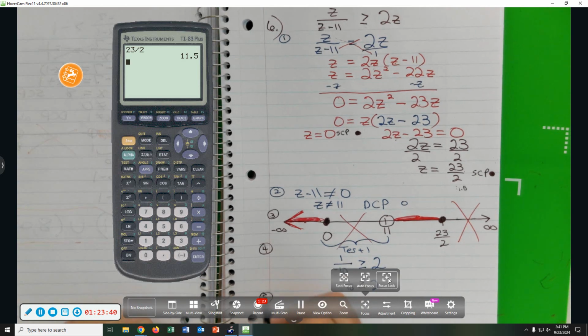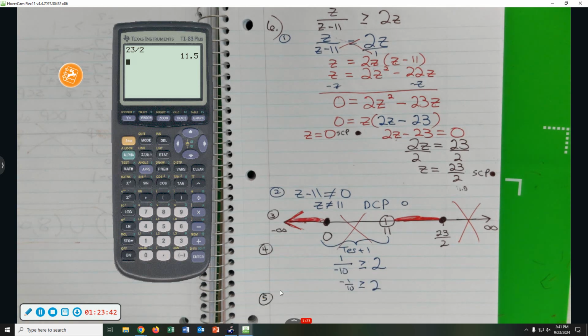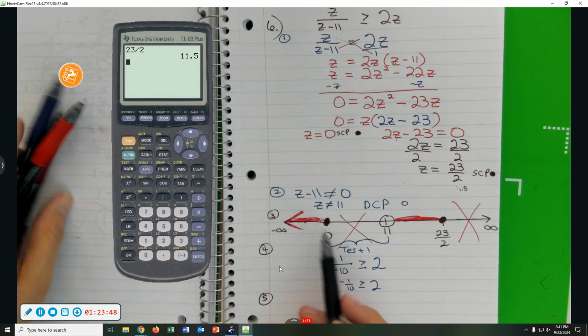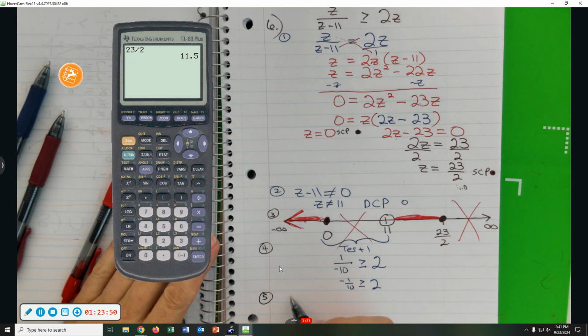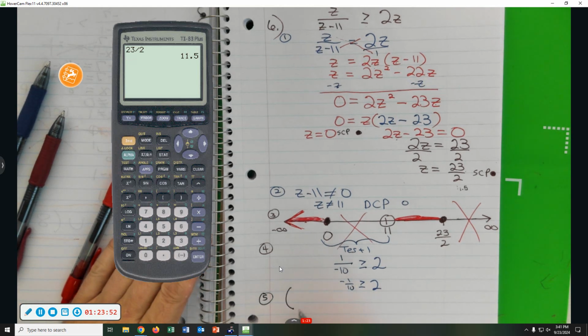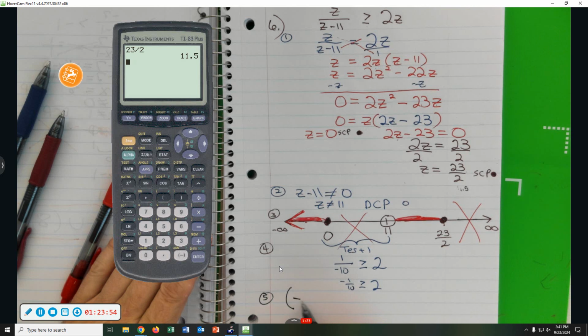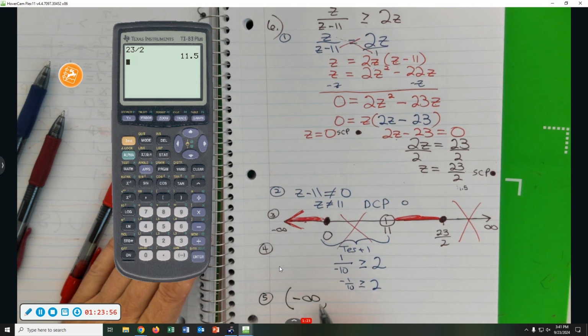So, fifth and final step, interval notation. Call it out as if you were typing it in. We'll do this interval first. What's the first symbol you would type? Parenthesis, and then negative infinity. Remember you always put a parenthesis in front of a negative infinity, comma, right-hand endpoint, 0.